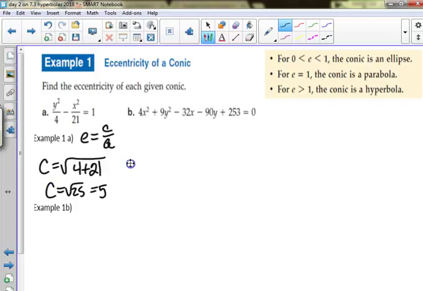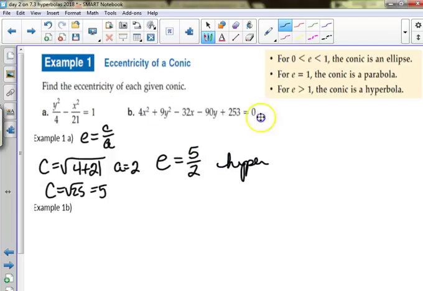What's a? Is it square root of 21 or is it square root of 4? a is the positive, so a is 2. So for example 1, eccentricity is 5/2. Does that work for it to be a hyperbola?